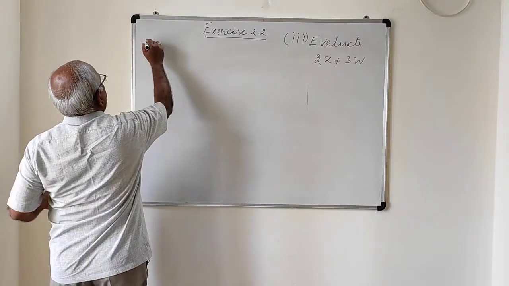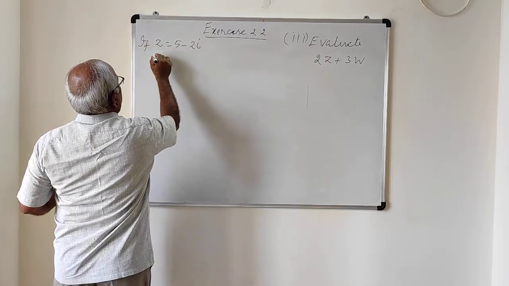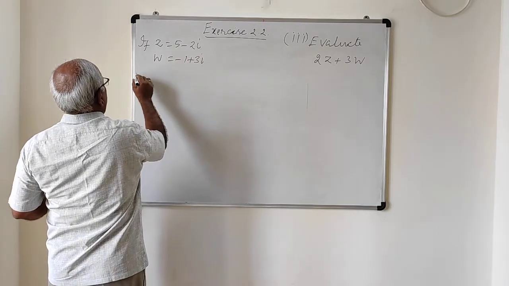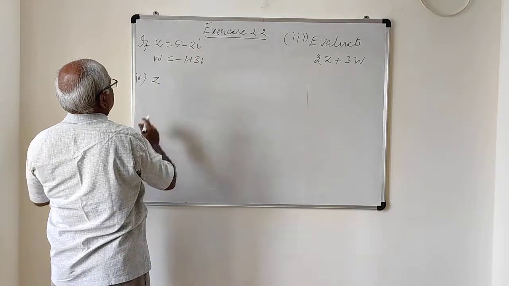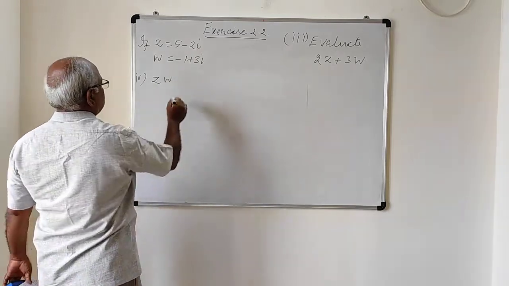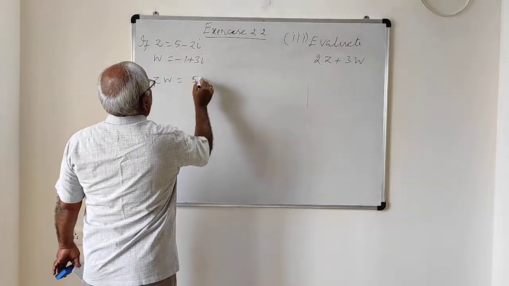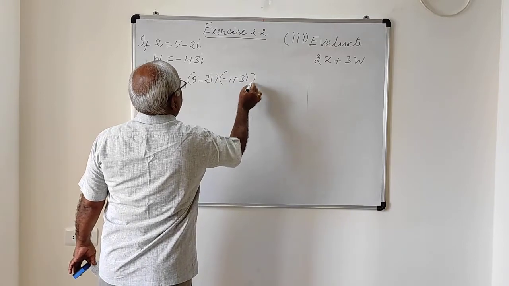Given z equal to 5 minus 2i and w equal to minus 1 plus 3i, evaluate zw, which equals 5 minus 2i into minus 1 plus 3i.